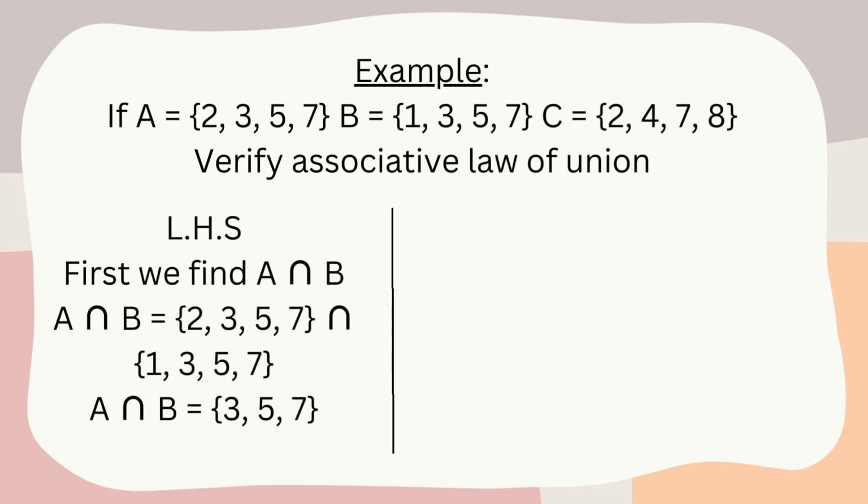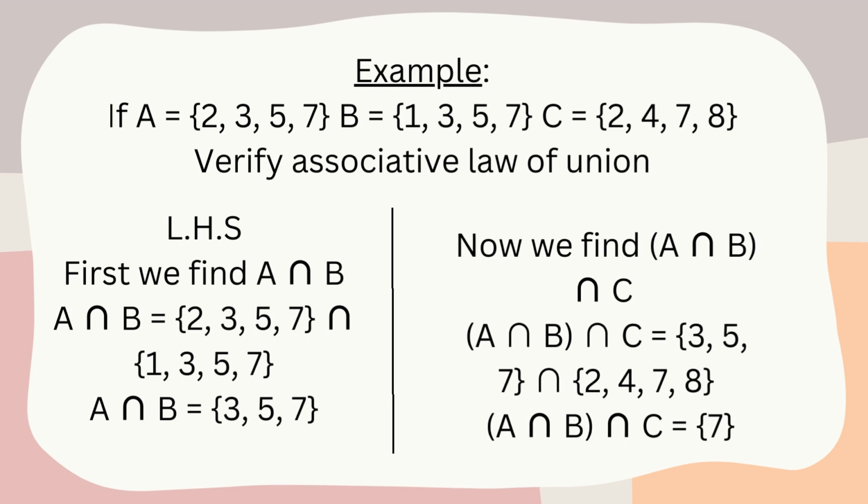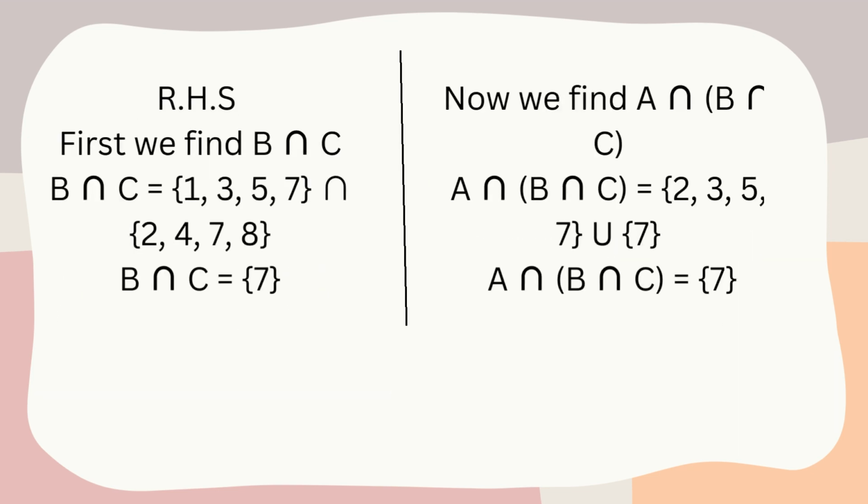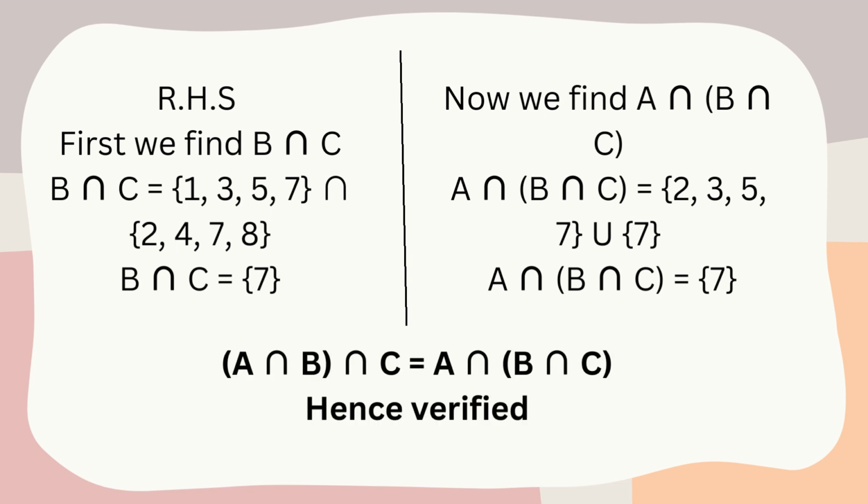So A intersection B first, and then you find the common intersecting elements with set C. Moving on to the right-hand side, we end up with the same result. Therefore, it is verified that the associative law of intersection is true.